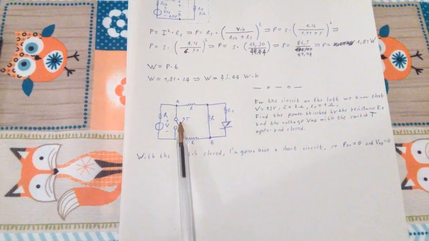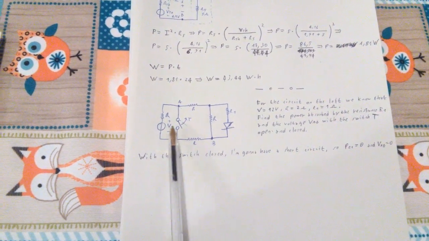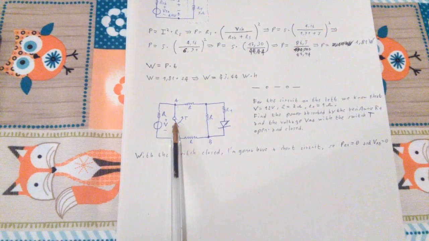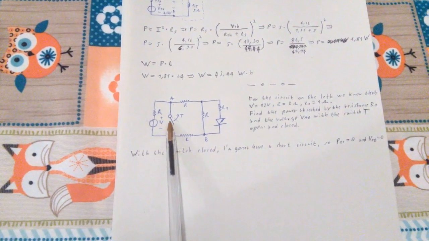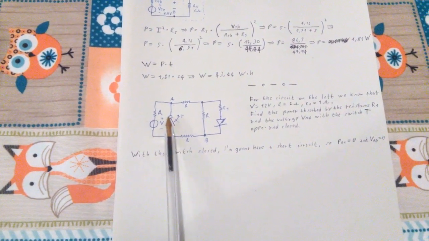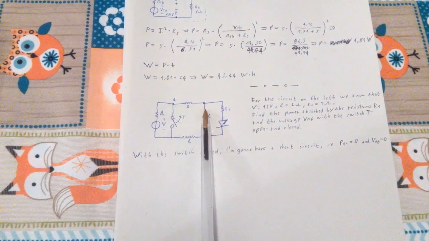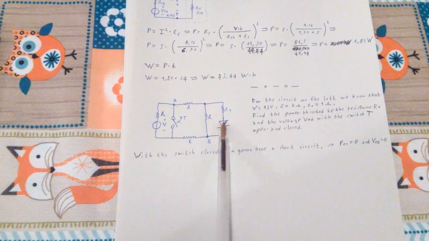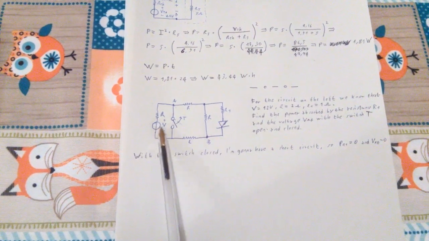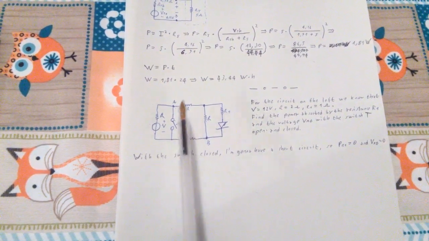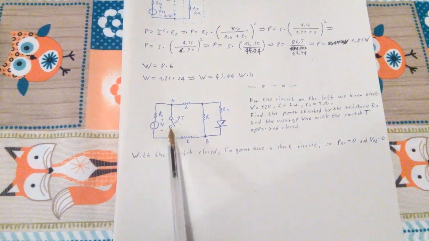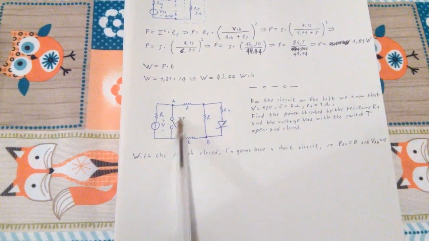Because the current is not actually stupid. It's just going to go through the easiest path. So is it going to go through those resistances and the diode, or is it just going to flow through the short circuit, the cable with 0 resistance?